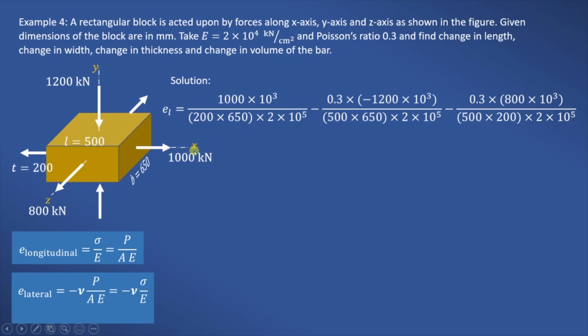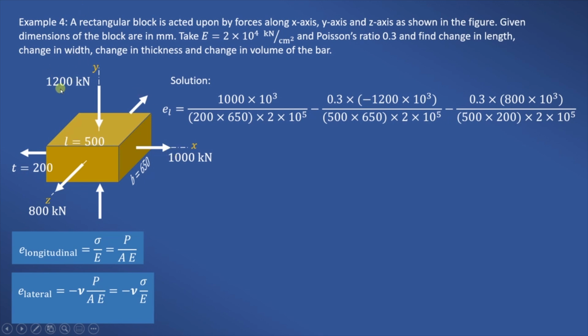But at the same time, there are forces along y and z axis. Now we'll consider strain in length due to 1200 kilonewton force. But with reference to this load line, that is with reference to y-axis, length is a lateral dimension now.